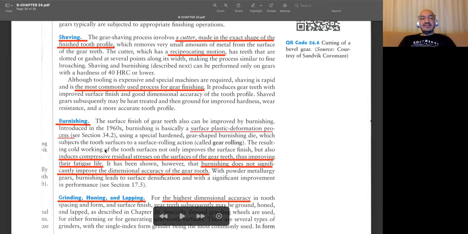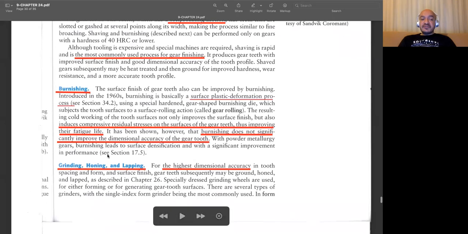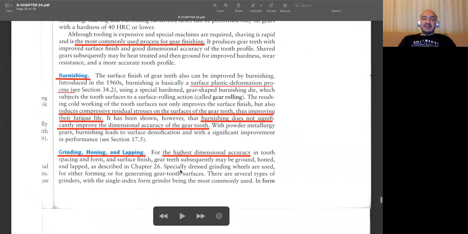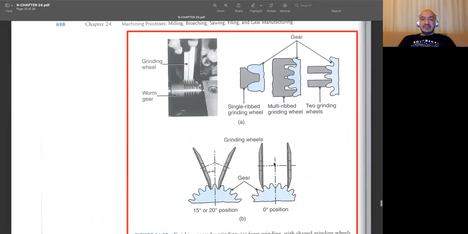But if you want to increase the dimensional accuracy, then you may go with shaving, or you may do some super finishing operations like grinding, honing, and lapping. And that will give you the best dimensional accuracy you may have in gear manufacturing. This is an example of gear grinding.